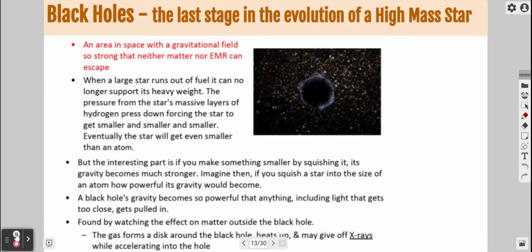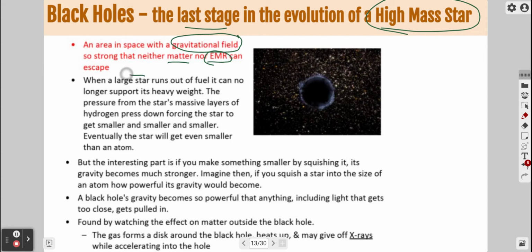Here we go. Okay, so we have a little bit about the black holes, which is the last stage in the high mass star's life cycle. And this is an area with a super, super strong gravitational field that neither matter nor electromagnetic energy can actually escape. So the electromagnetic waves can't even get out of this gravitational field.